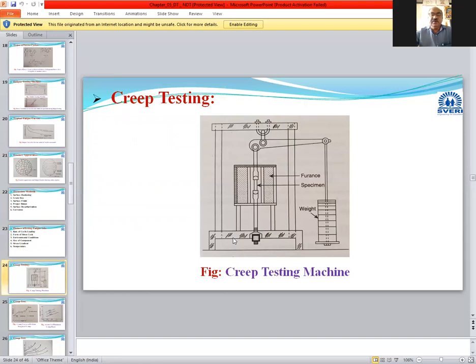So here is the creep test. What is actually a creep test? Deformation of materials under a particular temperature. You can see here one component, called the specimen. It is kept in a heated furnace, and we can apply loads on one side.